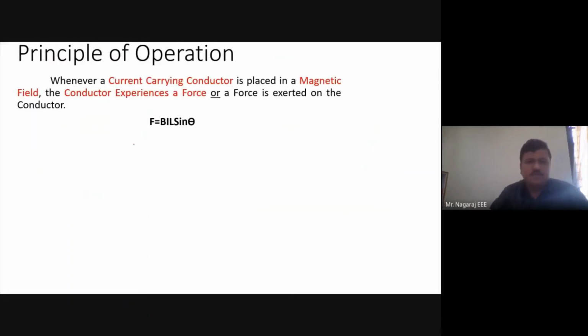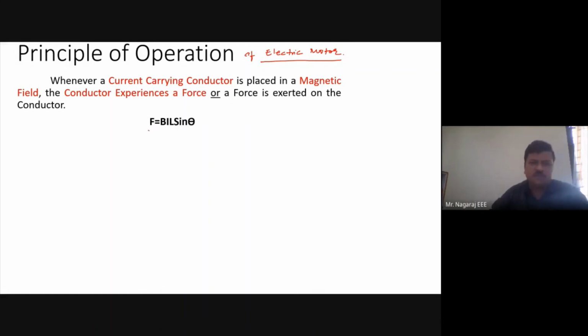Then what is the principle of operation? The fundamental principle of operation of an electric motor: whenever a current carrying conductor is placed in a magnetic field, the conductor experiences a force, or a force is exerted on the conductor.